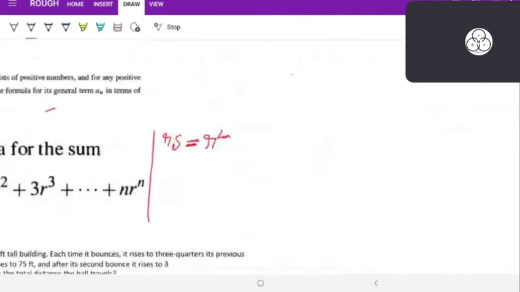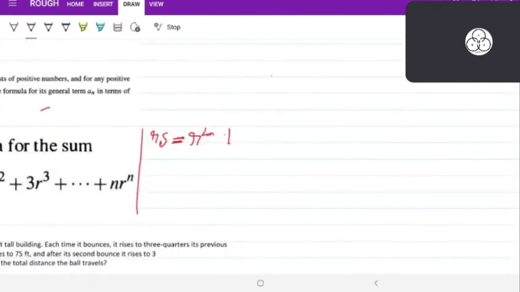The first term will be r square plus 2r cube plus 3r to the power 4, so on, n into r to the power n plus 1.